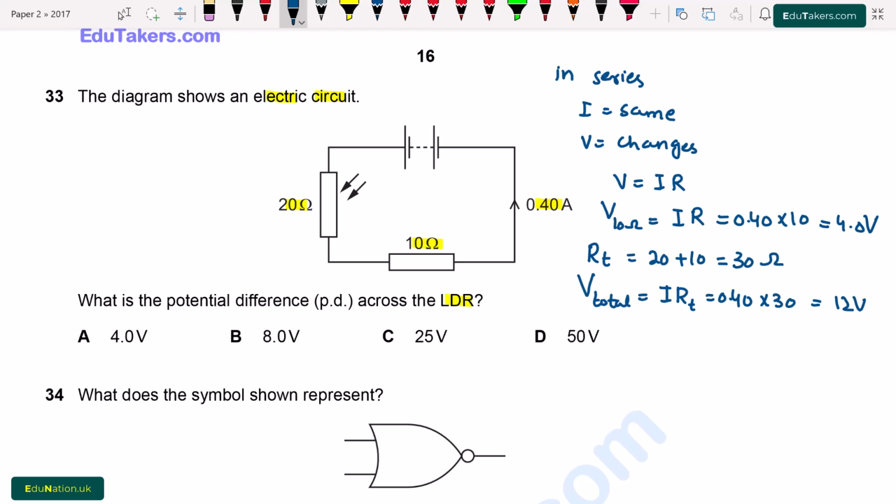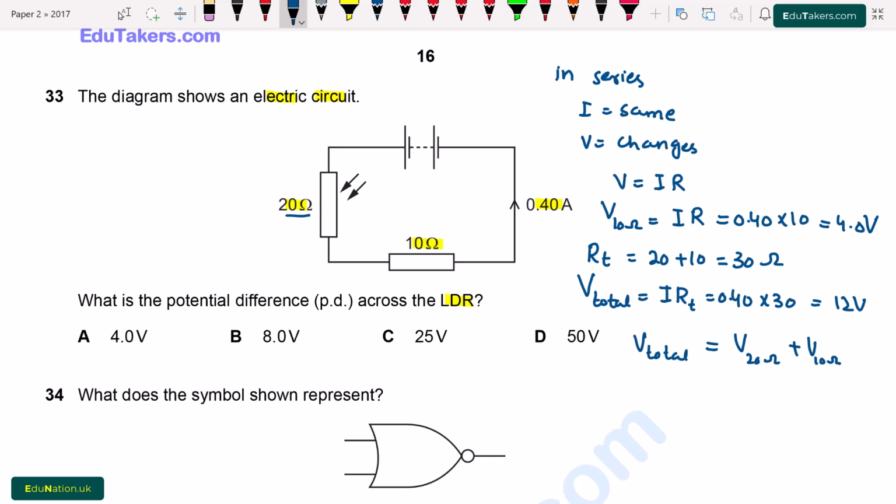Now we have to find out the potential difference across the 20 ohm LDR. The potential difference across the whole circuit will be equal to V20 ohm plus V10 ohm, because all of these components are connected in series.